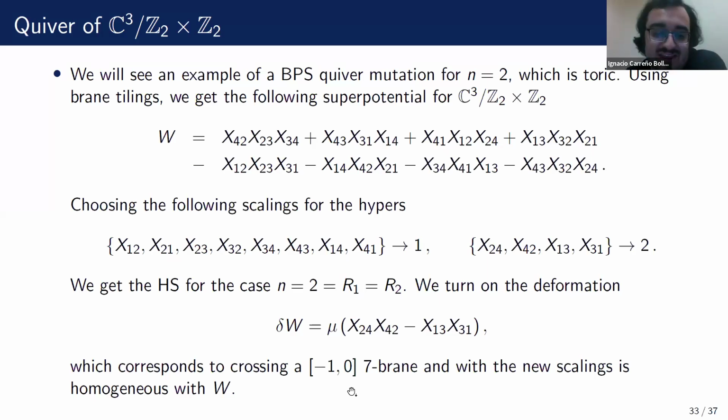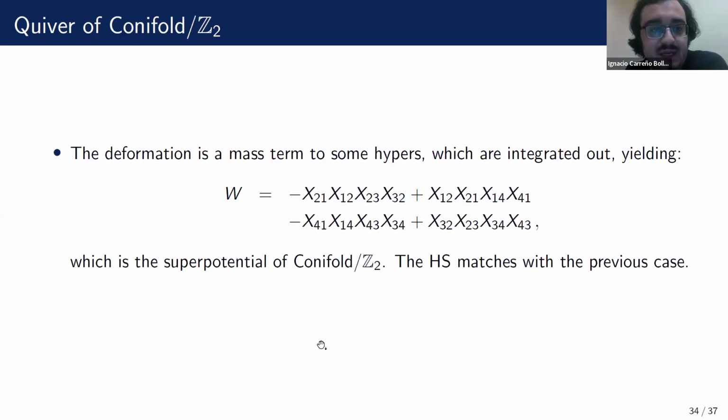Additionally, we find that under this choice of scaling, the superpotential and the deformation have the same dimension, so to speak. So this deformation changes the F terms that define the mesonic moduli space and gives mass to some hypers, which are integrated out.